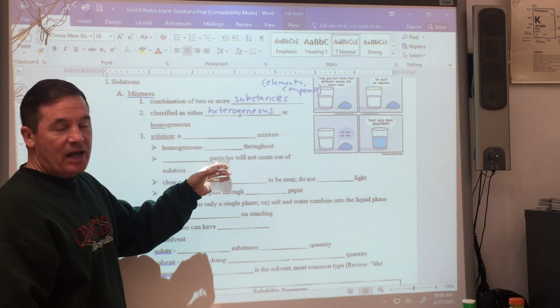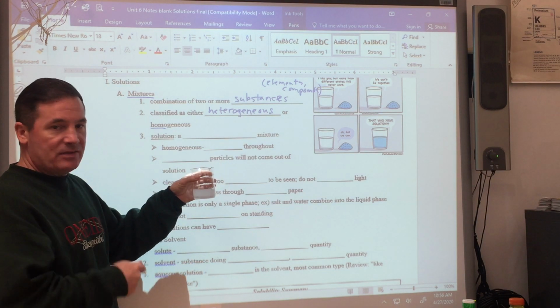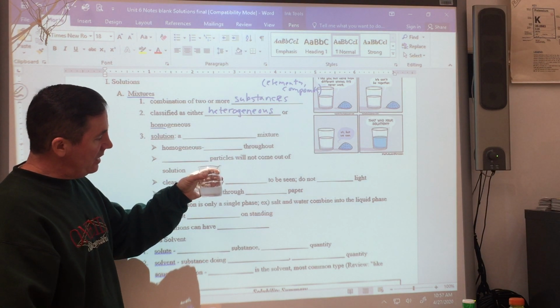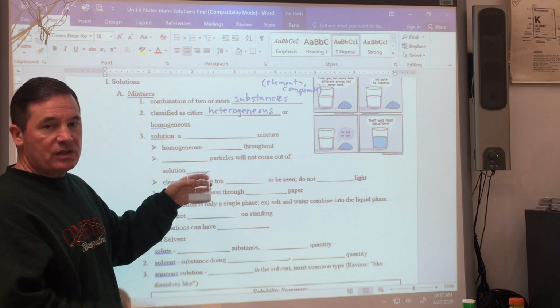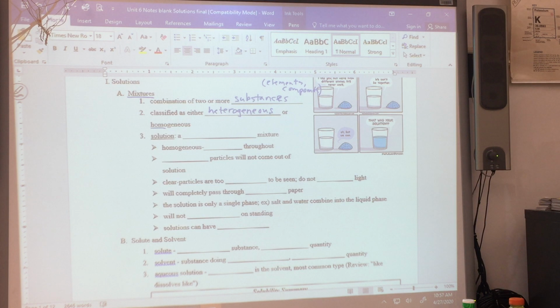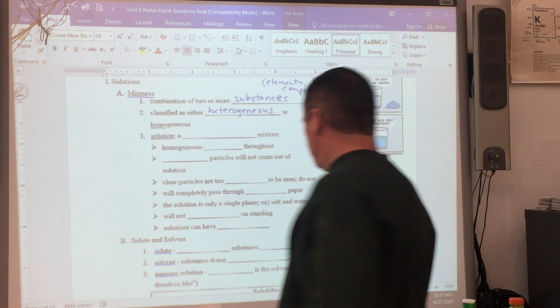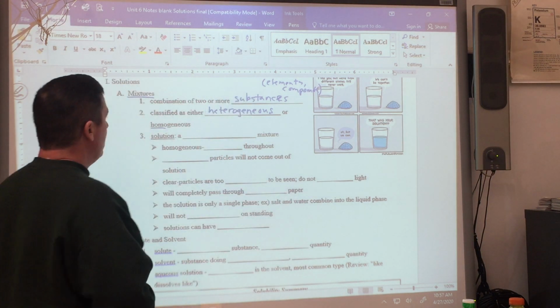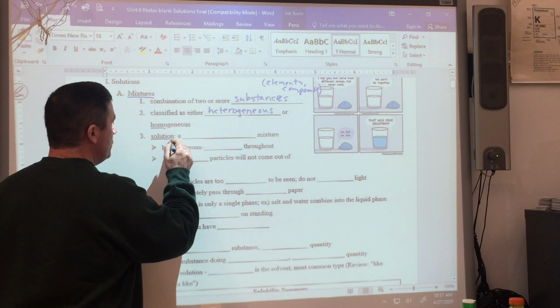It's a mixture because it's not only water, but there are ions in there. Tap water has ions. So this is considered a solution as well, because I can't distinguish between the parts of it. So what we're focusing on in this unit is what solutions are.